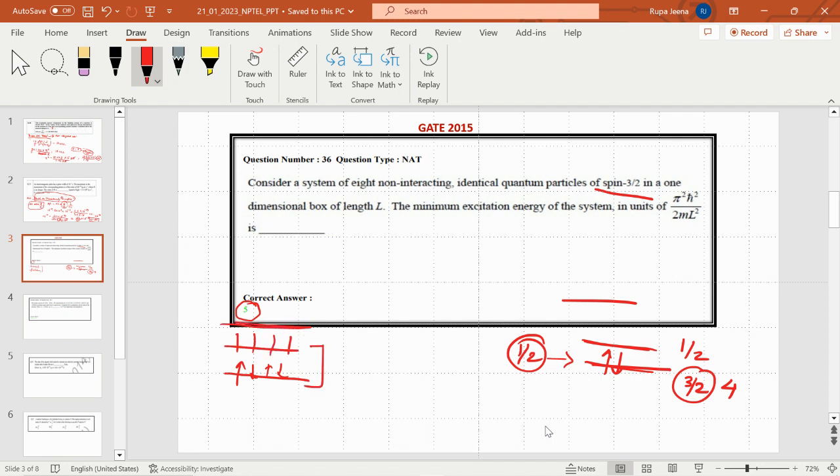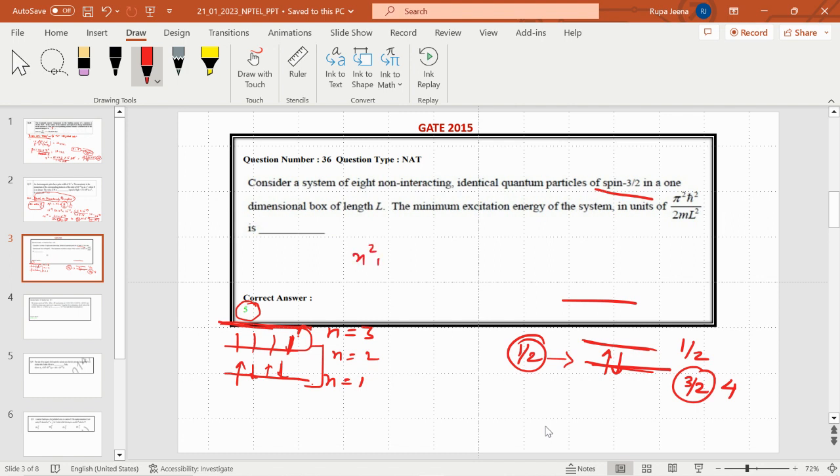So what you will do? When you will excite, you cannot excite n is equals to 1 to n is equals to 2 because it's not possible, because there are already four particles and you cannot accommodate five particles. But you can excite n is equals to 2 to n is equals to 3.